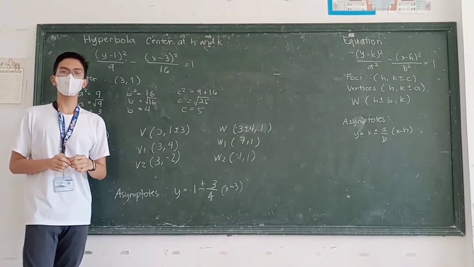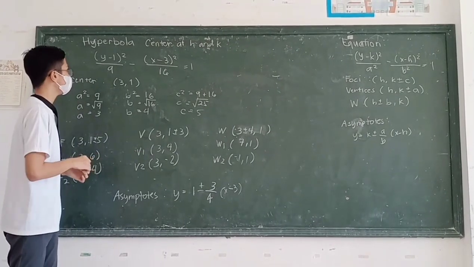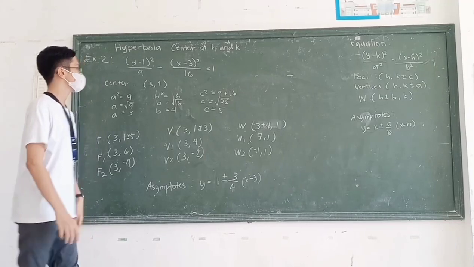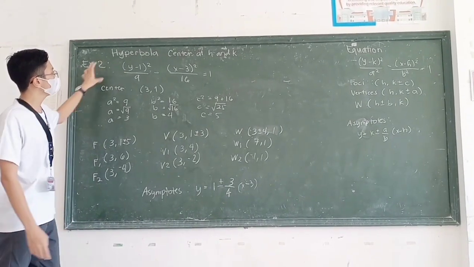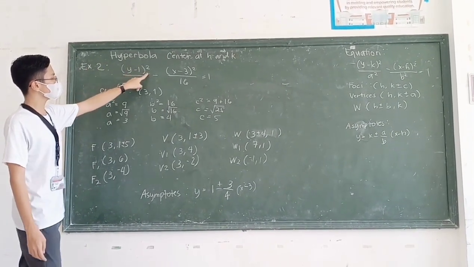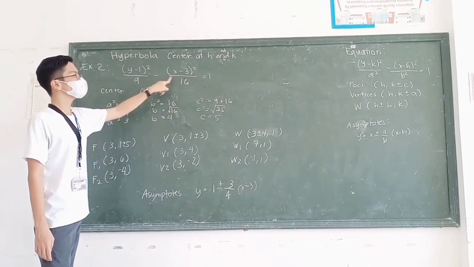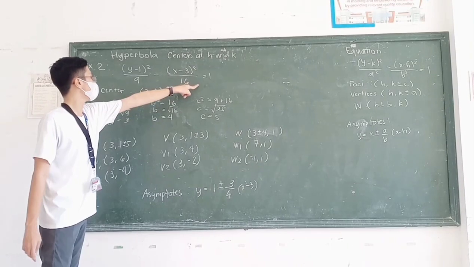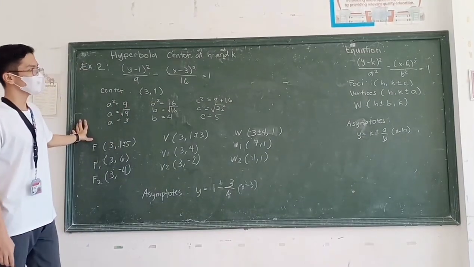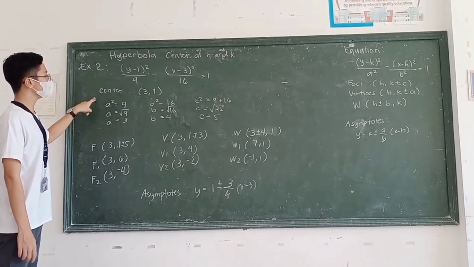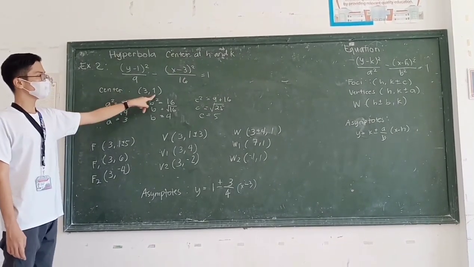Now, let us proceed in solving and finding the parts of the hyperbola centered at (h, k). Example number 2: the quantity y minus 1 squared over 9 minus the quantity x minus 3 squared over 16 is equal to 1. First, we will determine the center of the equation. The center of the equation is (3, 1).